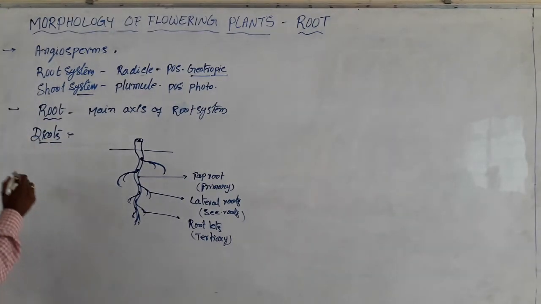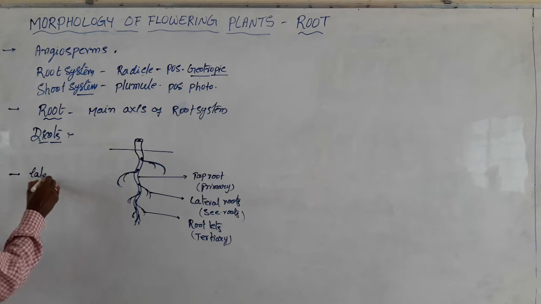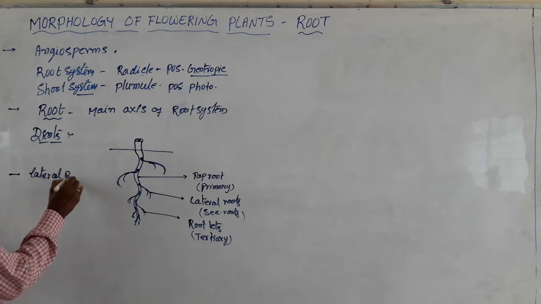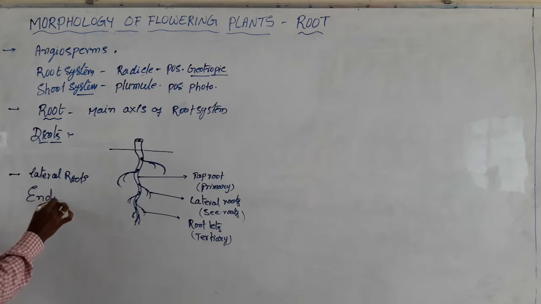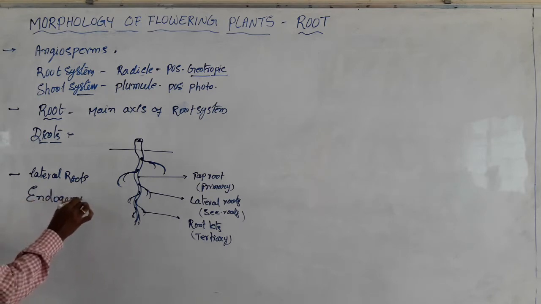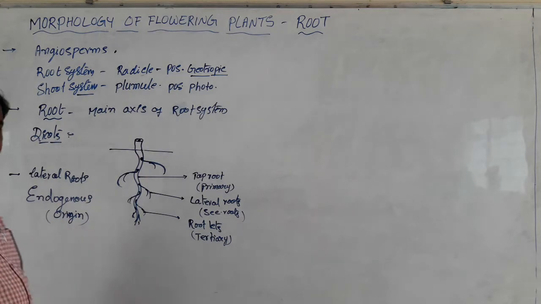In dicotyledonous plants, the origin of lateral roots is endogenous. What is the meaning of endogenous in origin?